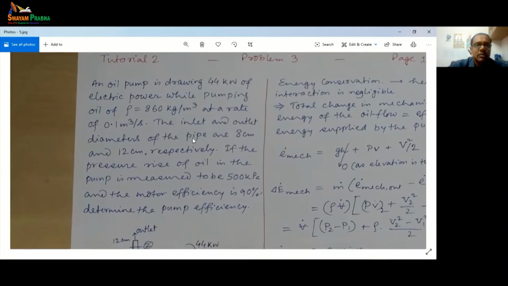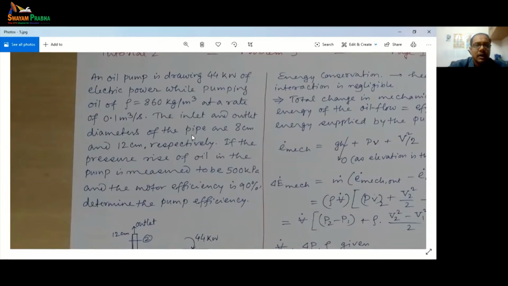Okay, so what's the problem statement? An oil pump is drawing 44 kilowatt of electric power while pumping oil of density 860 kg per meter cube. Some oil is getting pumped at a rate of 0.1 meter cube per second.